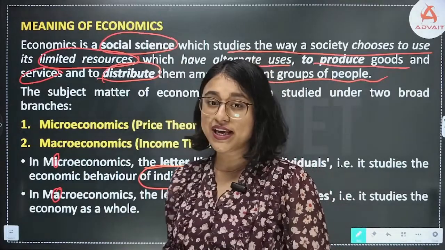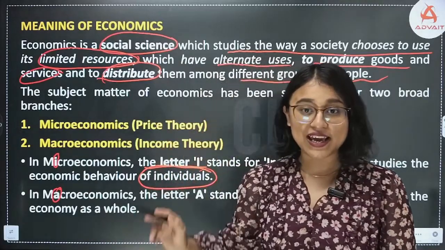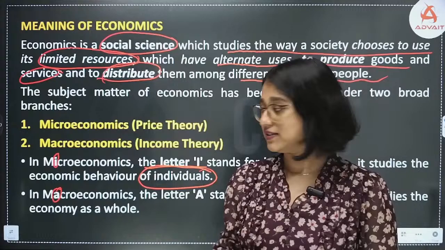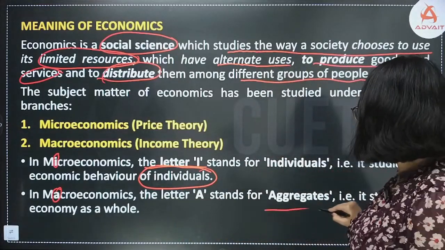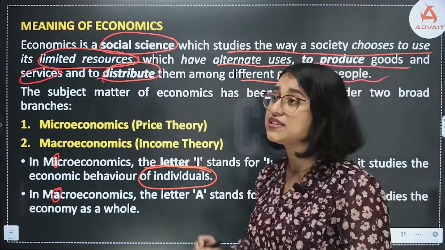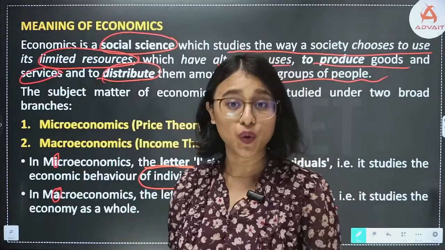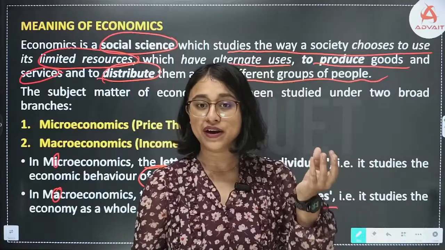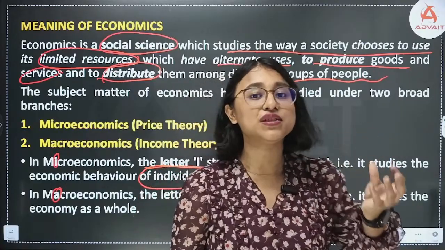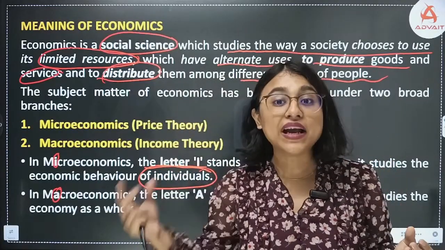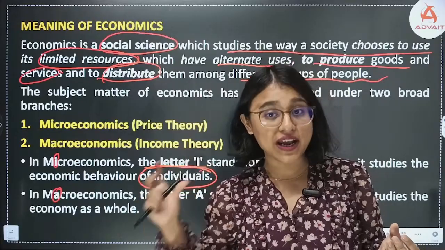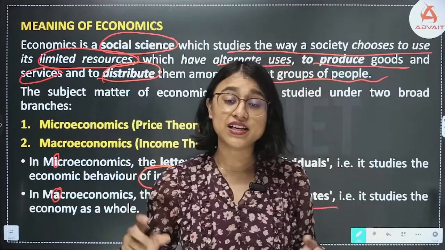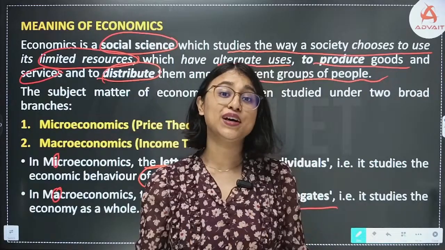In macroeconomics, the second letter is A. A stands for aggregates, that is, it studies the economy as a whole. So microeconomics is a smaller concept where it studies the individual units of the economy. In macroeconomics, A stands for aggregates, where it studies the economy as a whole.